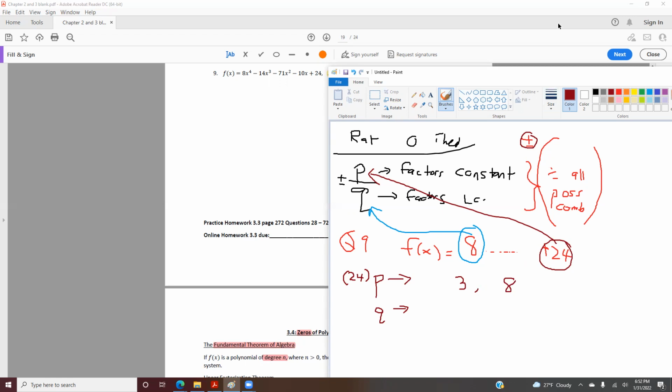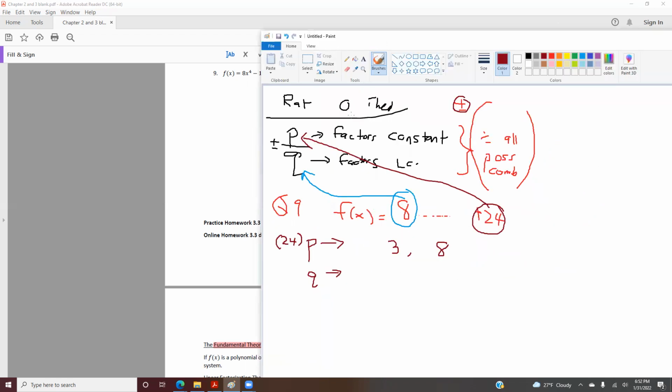There are a lot of combinations to get 24. 6 and 4. So I'm going to arrange this nicely so you guys can see it. What else? 12 and 2. And 1 and 24. So these are all the factors of 24.